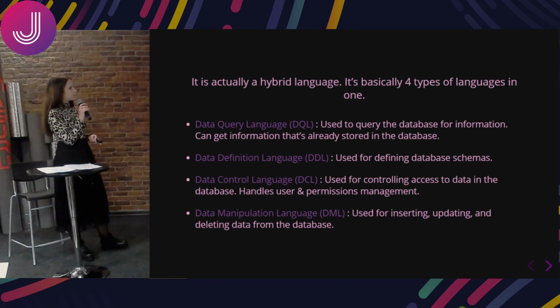The second type, data definition language, is used for defining database schemas. The next type, data control language, is used for controlling access to data in the database. And the last type, data manipulation language, is used for inserting, updating, and deleting data from the database.